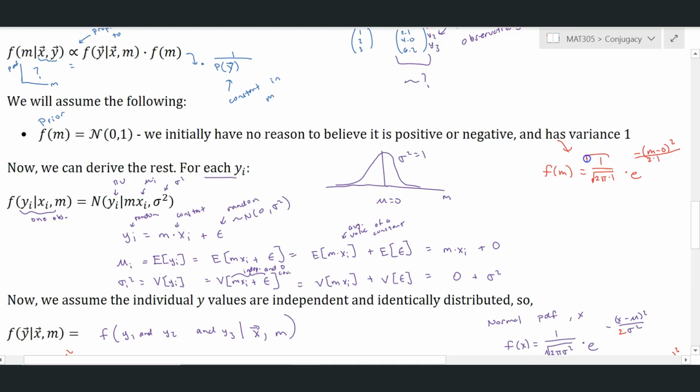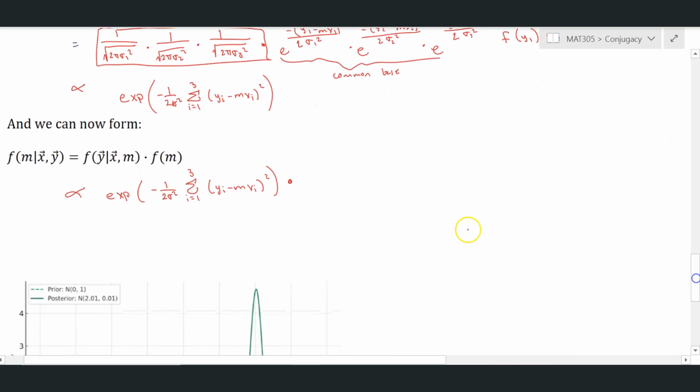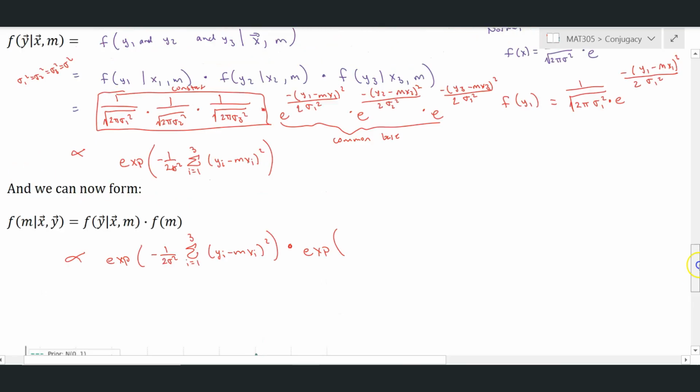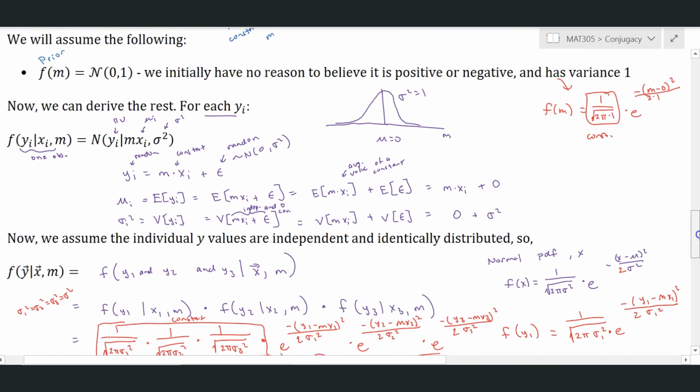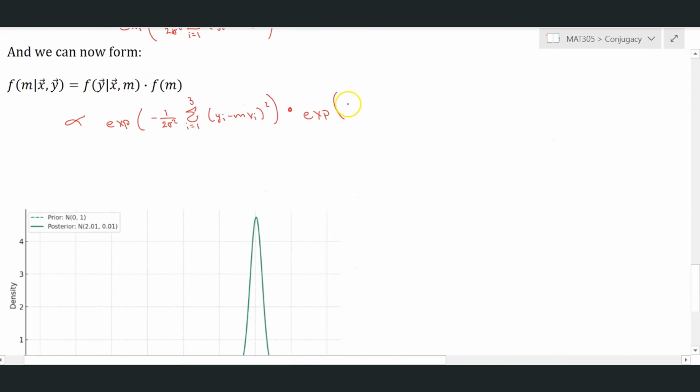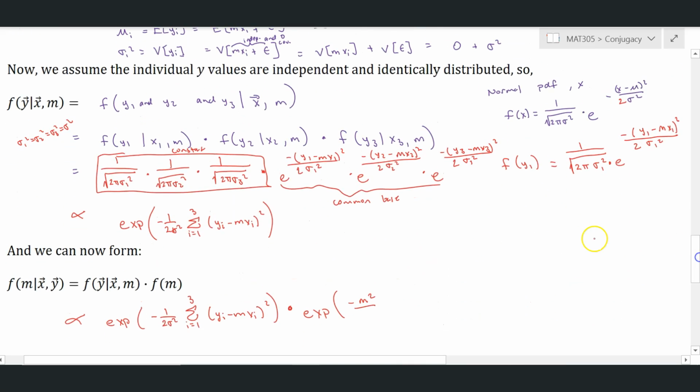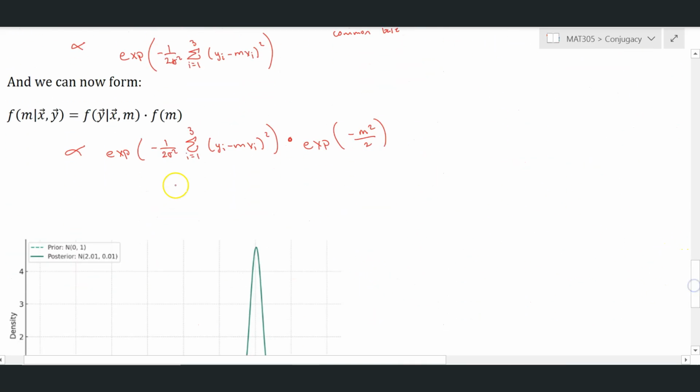Now again, notice that this here is a constant. And since I'm saying proportional to, I don't have to worry about that constant. I can express it just as the exponent, which contains our parameter, which is negative m squared over 2. Now again, I have common bases: e to this times e to this.